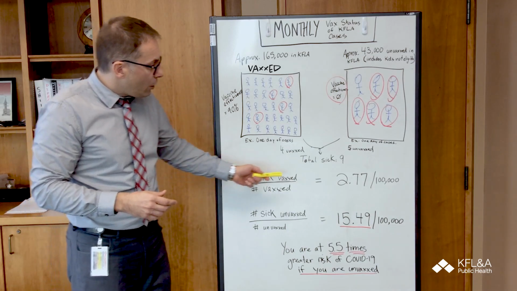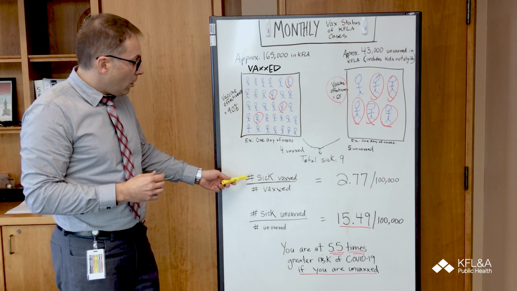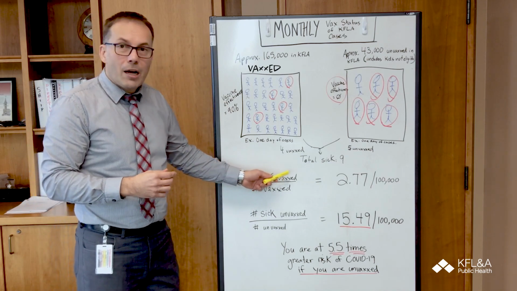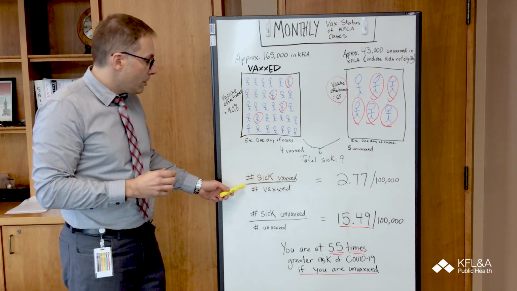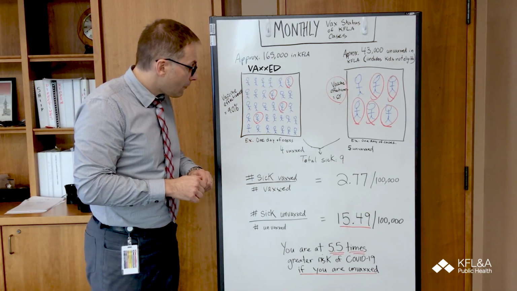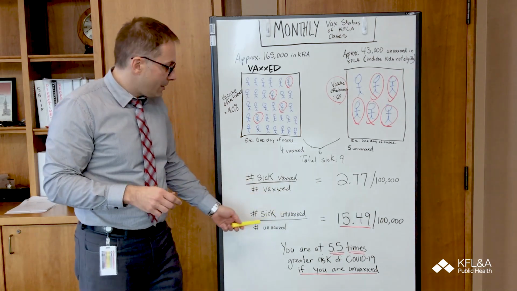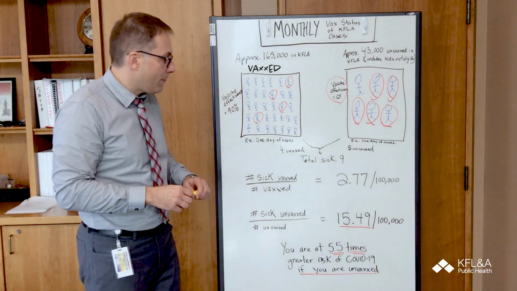When we look at these rates, we are comparing the rate of those sick among the vaccinated individuals over the total number of vaccinated individuals. And then we do that same thing for the number of sick unvaccinated and the total number of unvaccinated individuals.